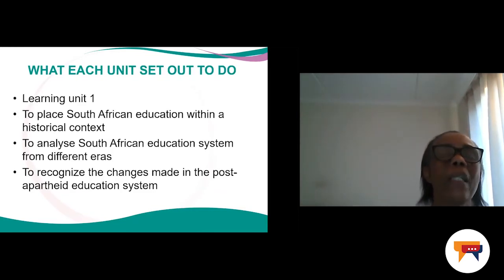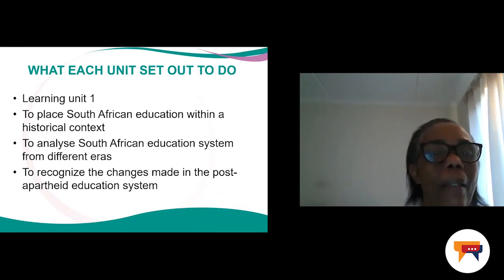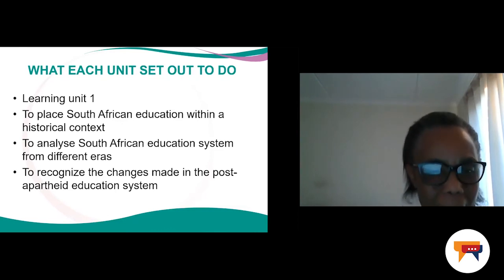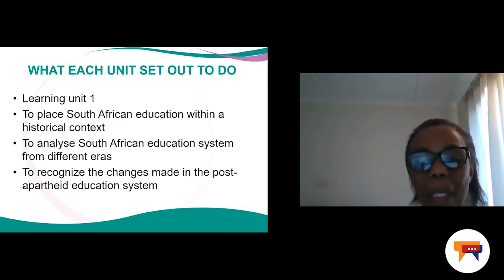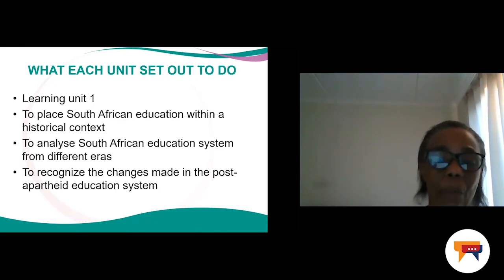Now, what is the purpose of each of these units? Learning Unit 1 aims to place South African education within a historical context, to analyze the South African education system from different eras so that we can see the difference, and to recognize the changes made in post-apartheid education.